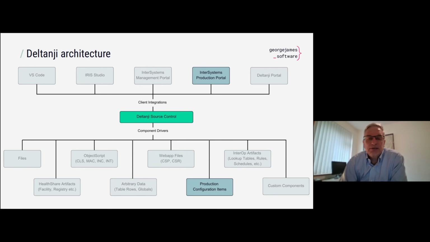And I'm going to show you the Deltanji portal itself, managing some arbitrary data that is just in a global. So those are the 3 things that we're going to be demonstrating, the 3 different scenarios.